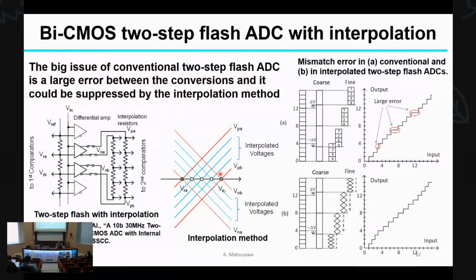Okay, using this method, this is the interpolation. In terms of the differential nonlinearity error, it's okay, more smooth compared with this fixed value.